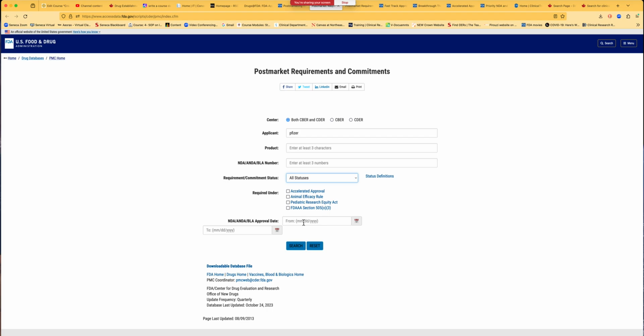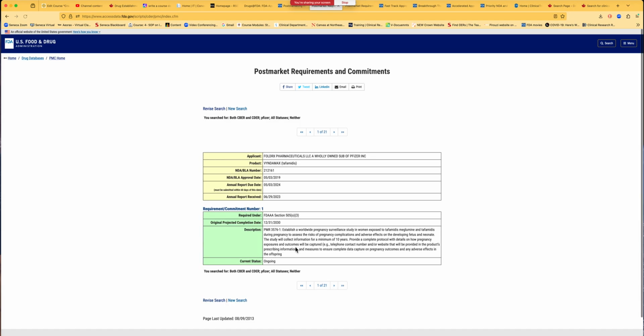Now, if I just look into Pfizer and I click on the search button, I will see that I do have 21 commitments. So when I'm going to read this one, this is the applicant, then the product, whose name is here, the NDA or BLA number, then annual report. Why annual report? That's because this is an ongoing study.